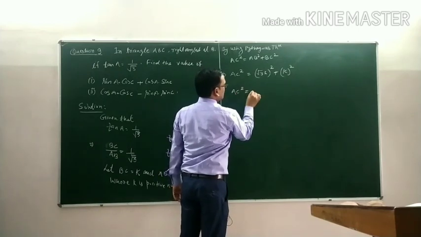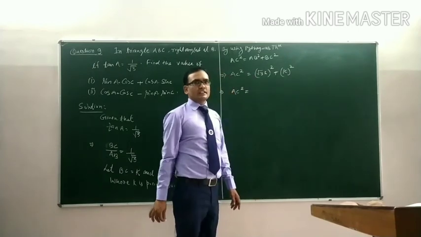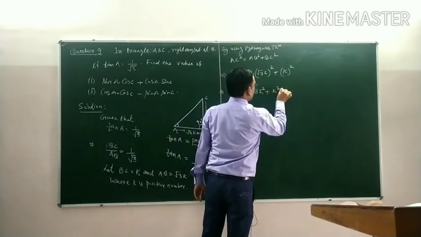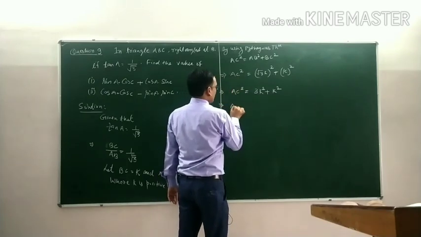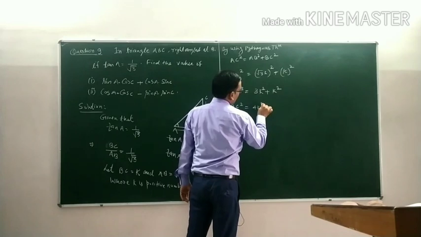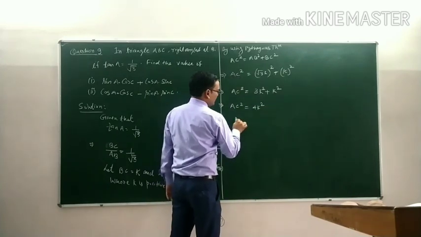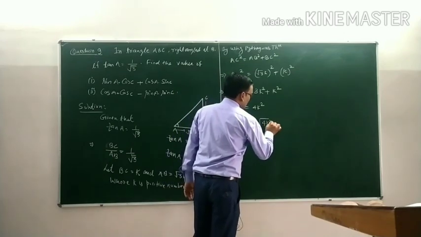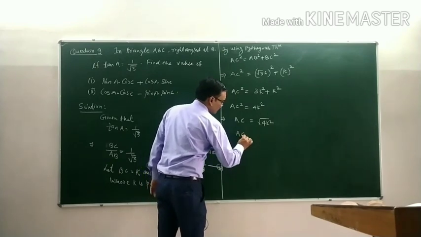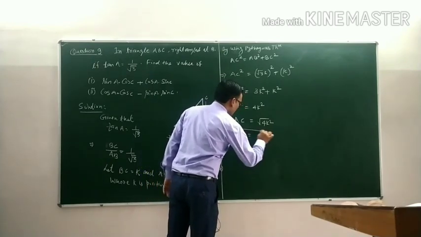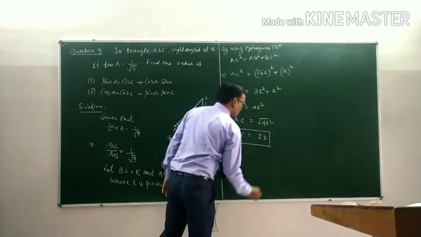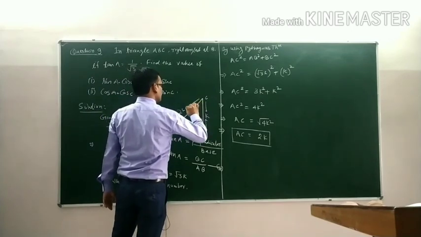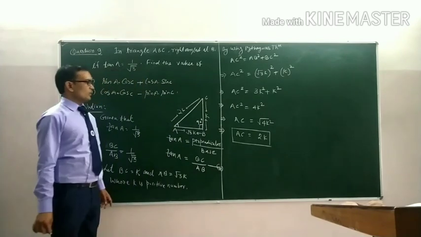AC square equal to square of square root 3 is 3K square plus K square. This implies that AC square equal to 4K square. Then AC is the square root of 4K square. That means AC is equal to 2K.